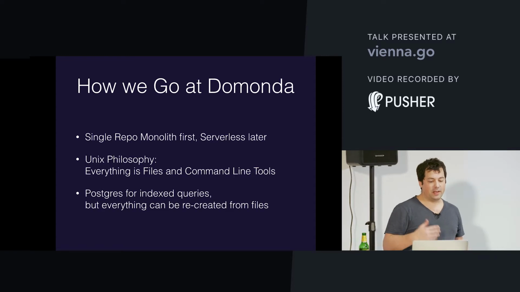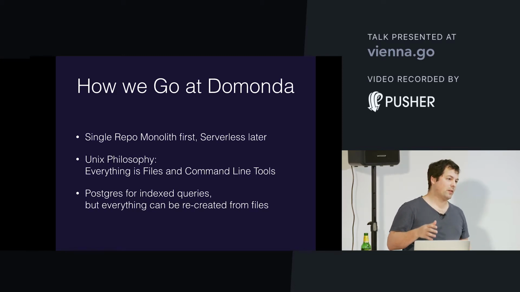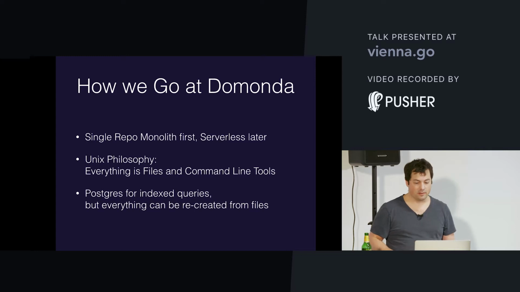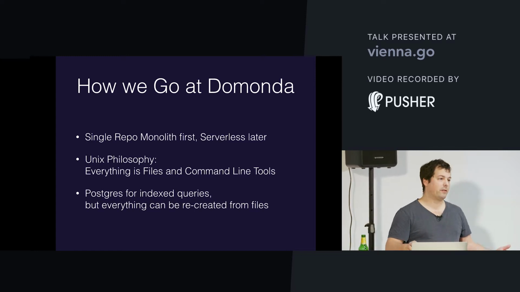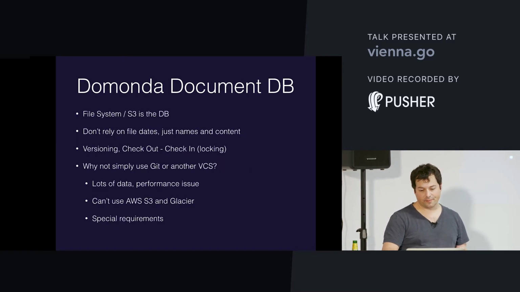And Postgres is basically for us just an indexed cache for querying, but everything is also available as file, and we can recreate our complete database from files. Also very important for backup reasons, never lose any financial documents.